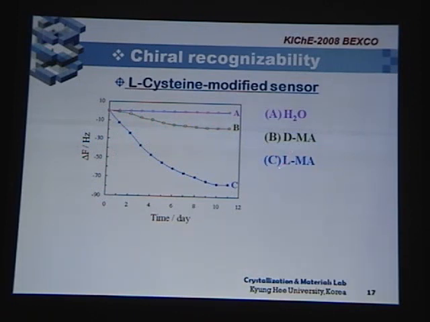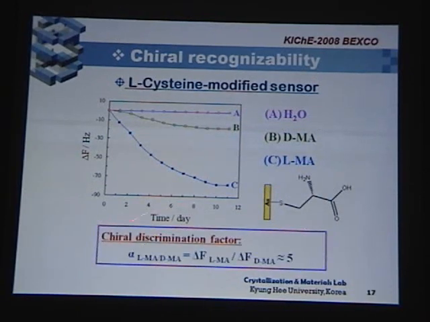For L-mandelic acid, the frequency also decreased continuously at the beginning of the reaction, and after that it remains almost stable. So the conclusion is similar to that obtained on the alpha-anion modified sensor surface. And the chiral discrimination factor obtained here is about 5.